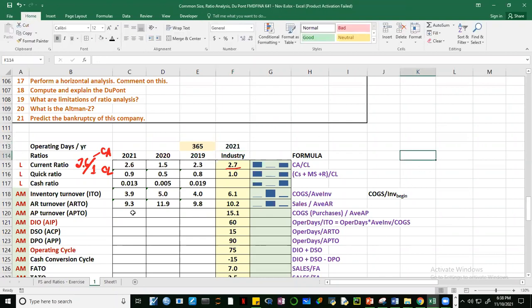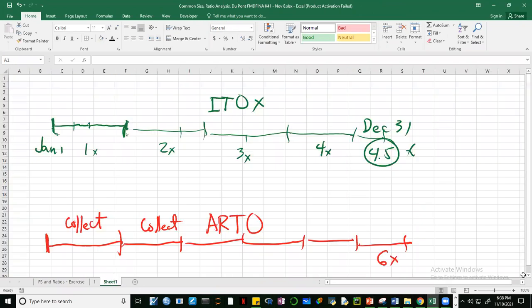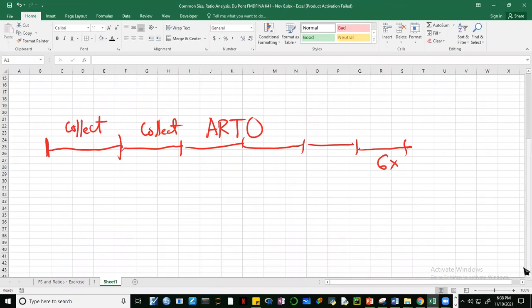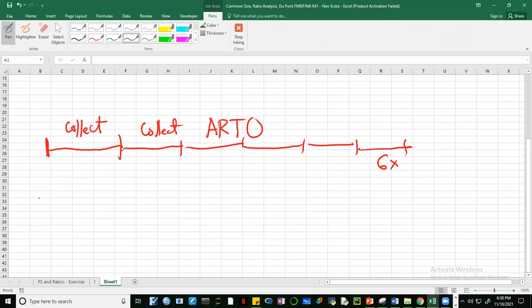Okay. Now, ito naman APTO, no? APTO, guys, is accounts payable turnover. Okay? So let's again interpret what this is. Ano yung APTO? Okay, dito ilalagay sa ilalim. APTO is, okay, anyone can guess, guys? APTO?